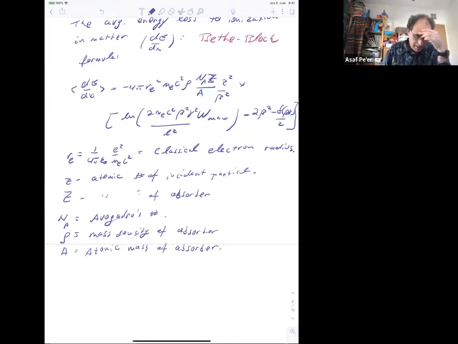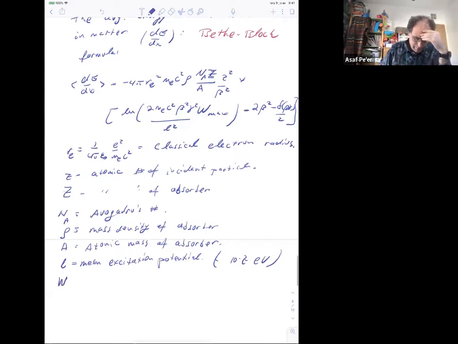And I is the mean excitation potential, approximately 10 times Z electron volts. And W_max is the maximum energy transfer in a single collision.